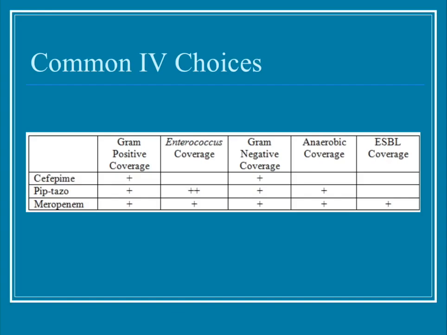Then, do I have ESBL problems? If I don't have ESBL problems, then Zosyn, or piptazo, is my drug of choice. If I have enterococcus, you can see piptazo has the best enterococcus coverage.